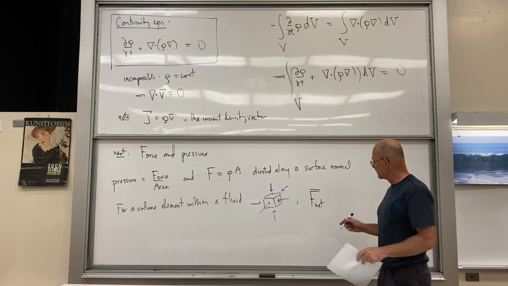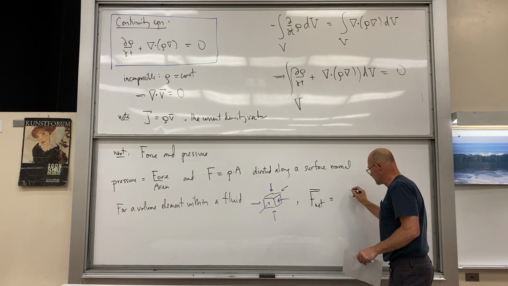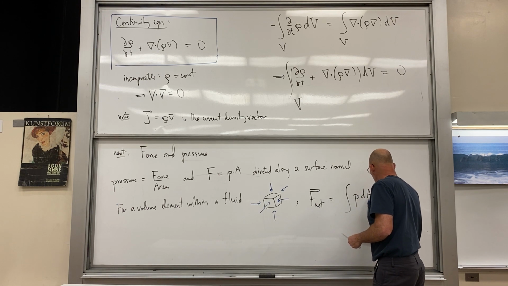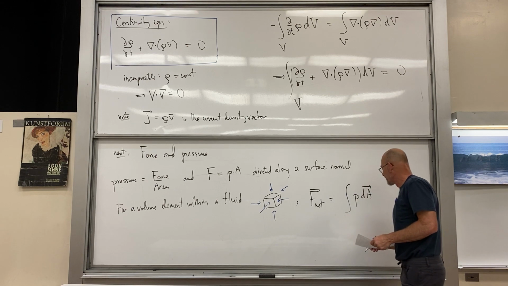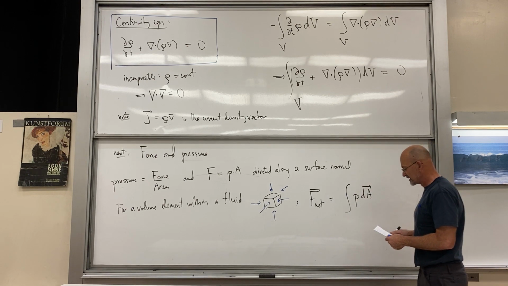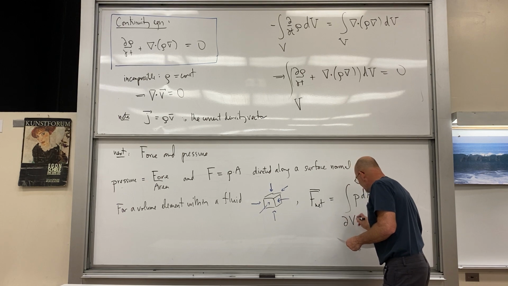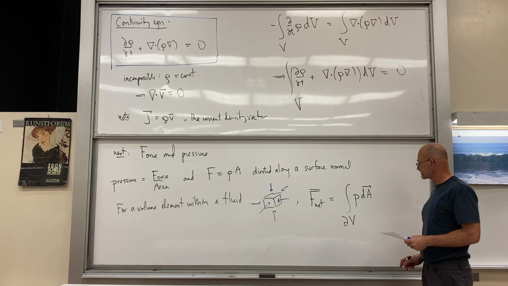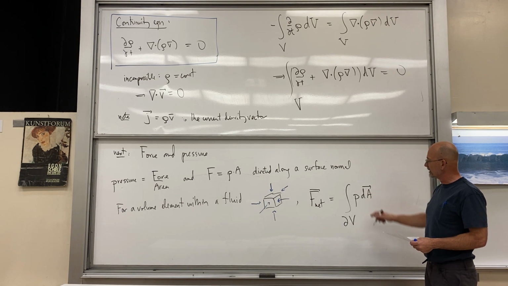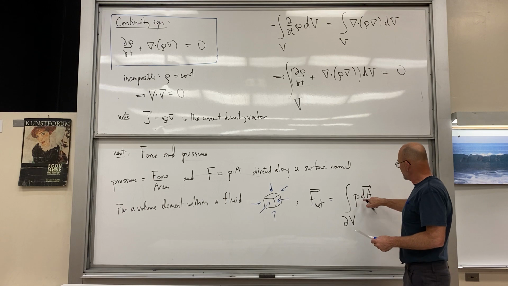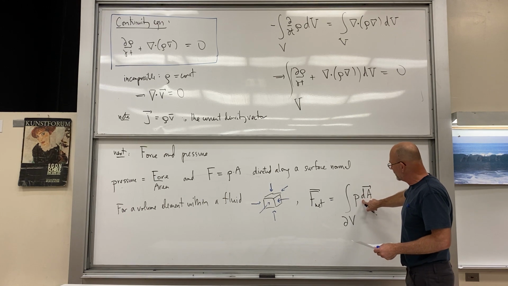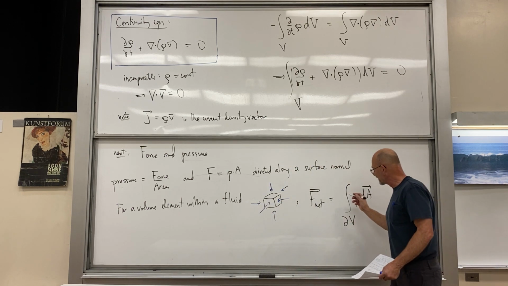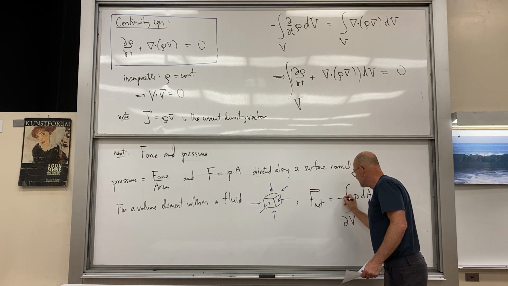So the net force is going to be equal to, leave a little space here, the integral of pressure d area over the boundary of that volume. So it's an area integral, directed area right there. Now here's the thing. This is an outer surface normal, and the net force from these inward pressures is therefore going to get that minus sign to balance that out.